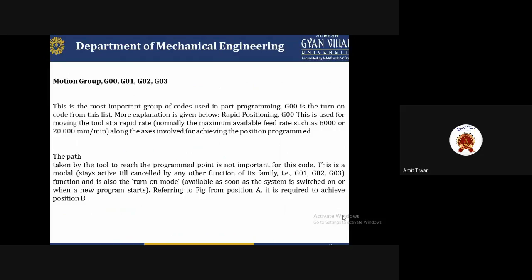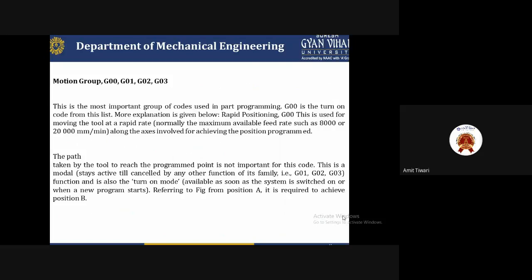Rapid positioning, that is G00, is used for moving the tool at a rapid rate, normally the maximum available feed rate such as 8,000 or 20,000 mm per minute along the axes involved in achieving the positioning in the part program.